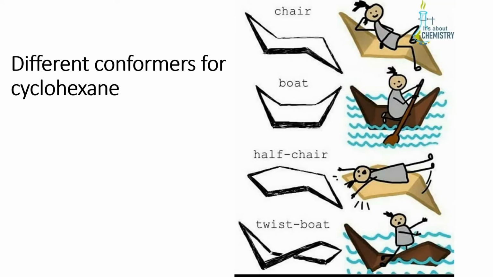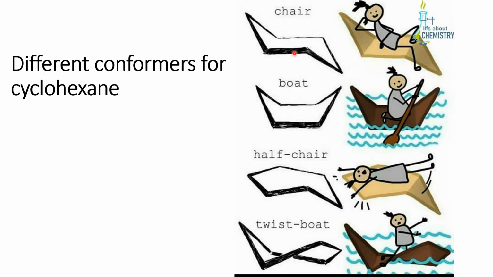If you look at the different conformations, the boat conformation has 2 carbons both above the plane. In half chair, 5 are on the plane and 1 is below the plane. In twisted boat, 2 are above the plane and 2 are below the plane, but it is a slightly different conformation. So likewise, it has different conformations, but the chair conformation is the most stable.